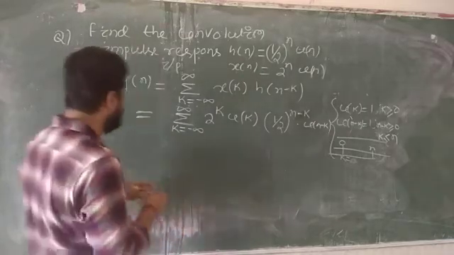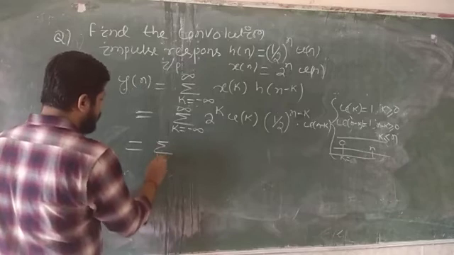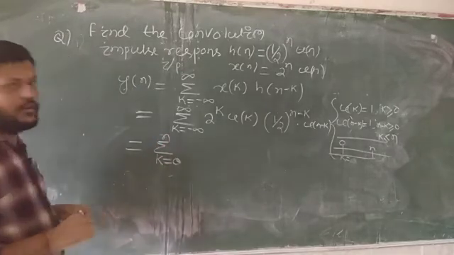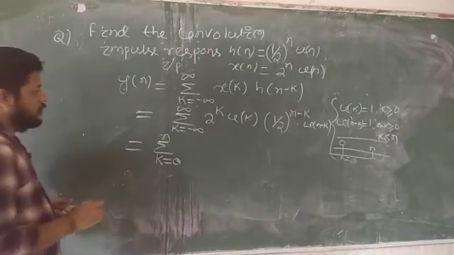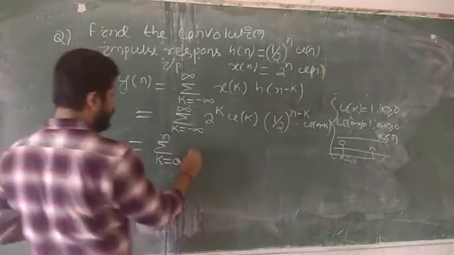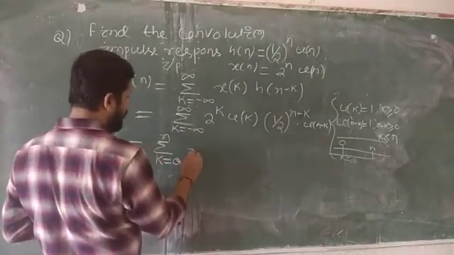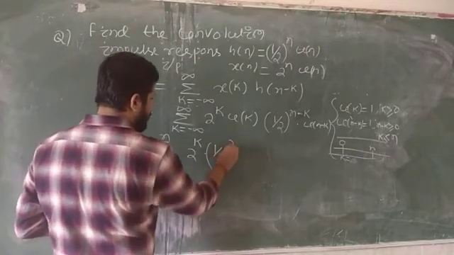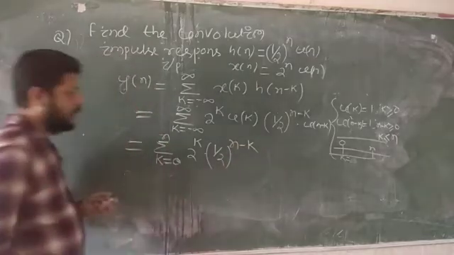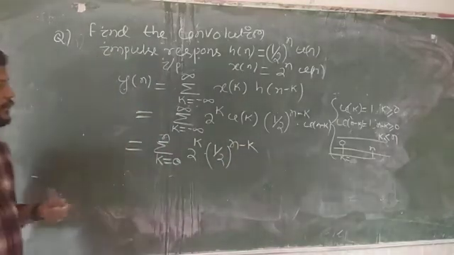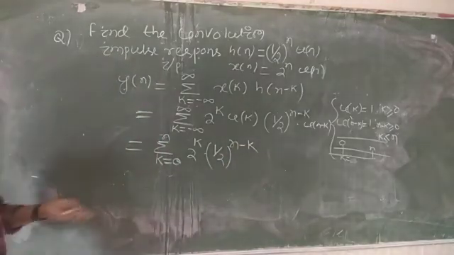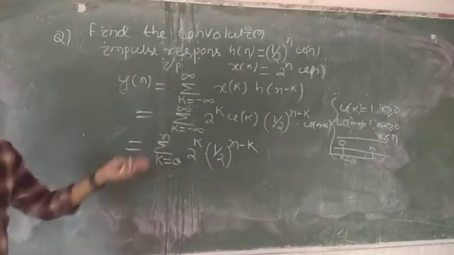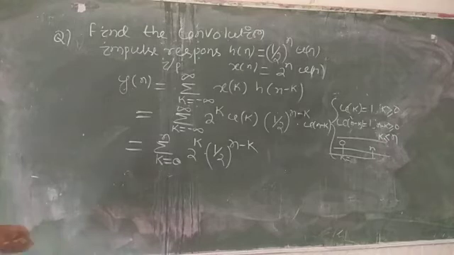So the common range is here, summation of k equal to 0 to n, and then you can write 2 to the power k into half to the power n minus k. This is the range where it exists, from k equal to 0 to n.